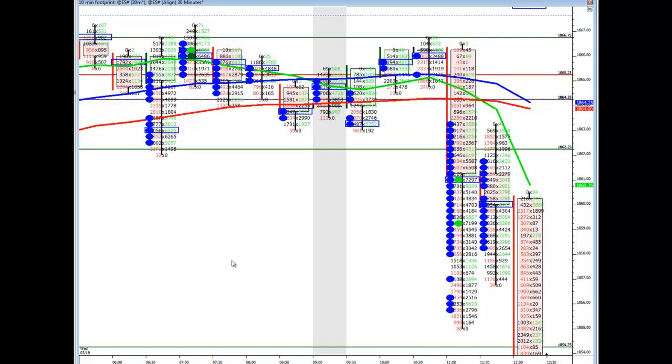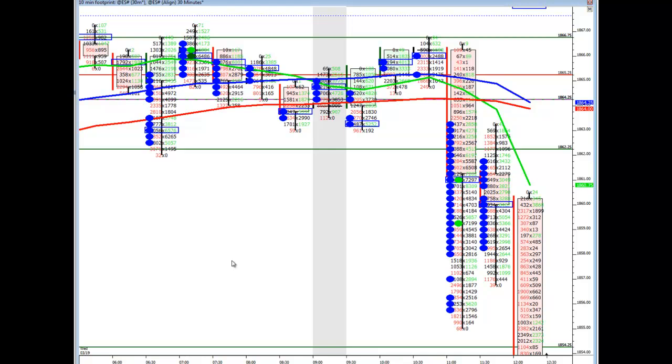Now, to refine our entry and to get in at a better place, naturally we have to go to a shorter time frame. Now, I'm going to drop down to a 30-minute time frame, and so we've dropped down from the 1020 to the 30 to refine our entry.